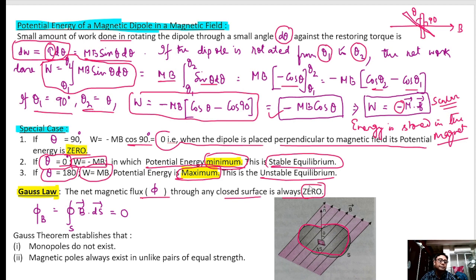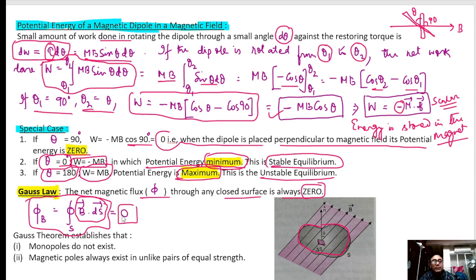That means over any closed surface, flux is B dot ds. This will be 0.